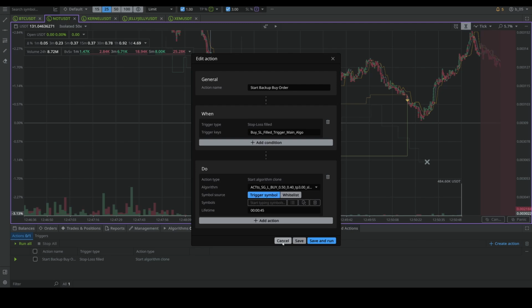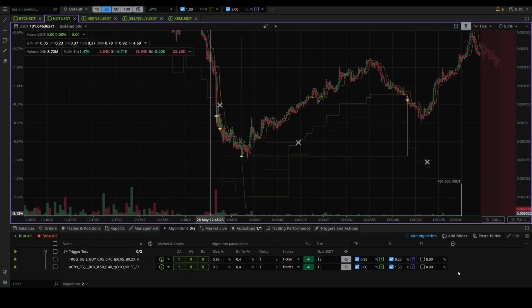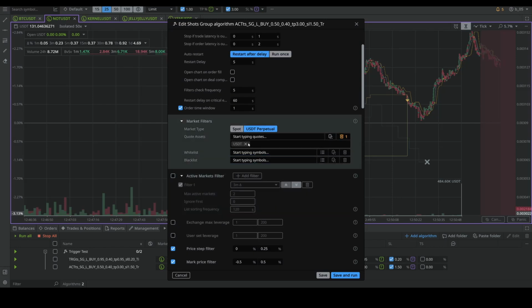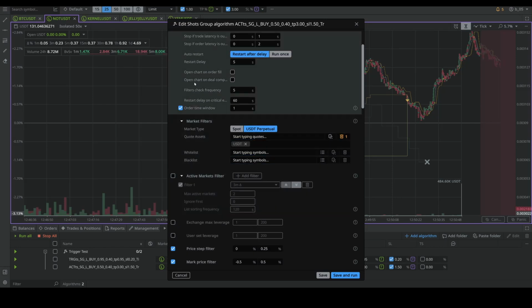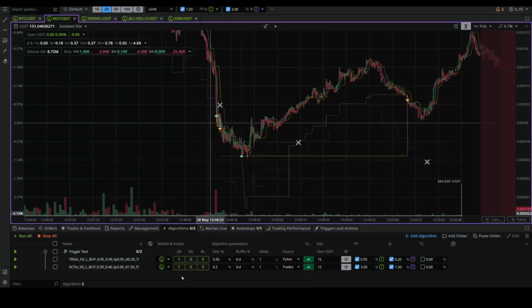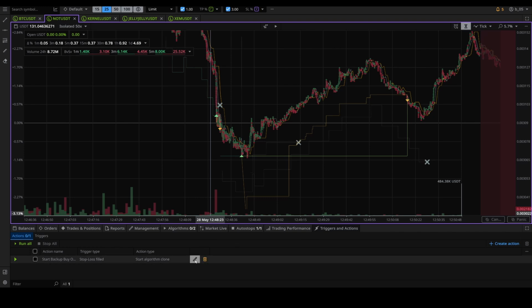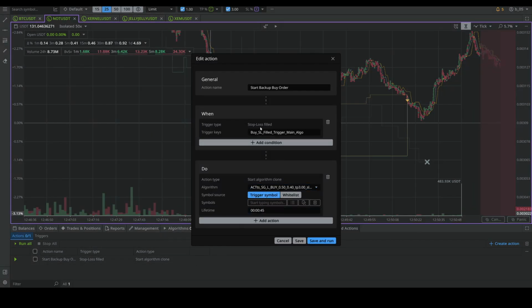And then what's important is to have the trigger symbol selected here. Remember, the original backup algorithm here did not have any whitelists, it had only USDT. So when this algorithm gets cloned, the main algo from here passes onto it the coin that had this triggered, for lack of a better word.